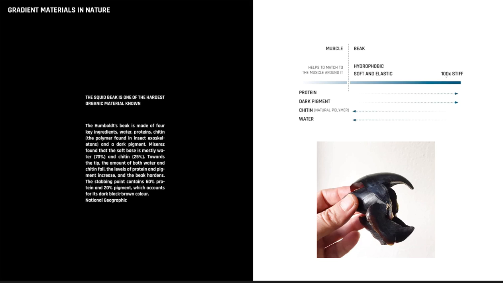It's 100 times stiffer than the other side of the beak. So through this variation of substances like protein, dark pigment, heating, and water, the properties also change, like softness, elasticity, and stiffness.